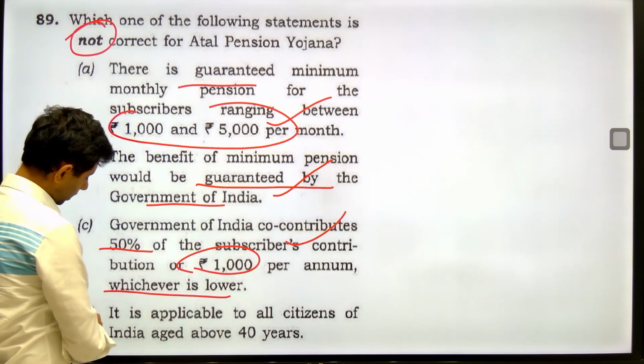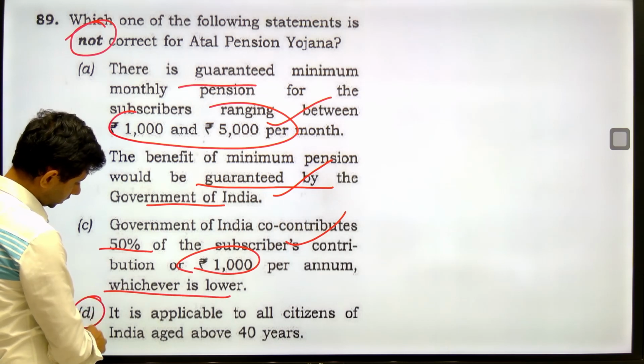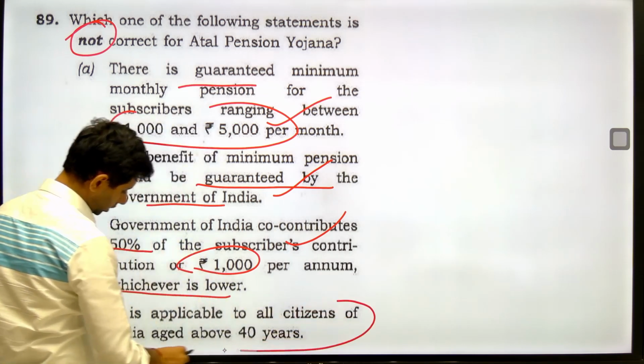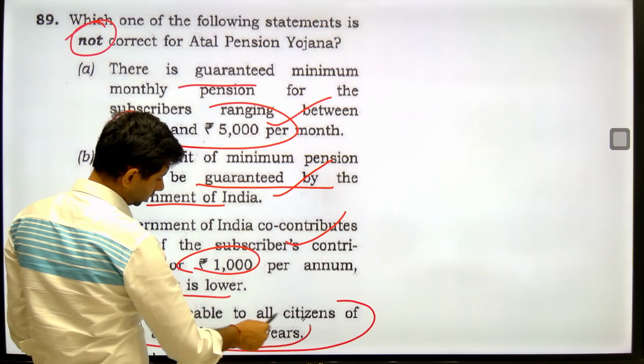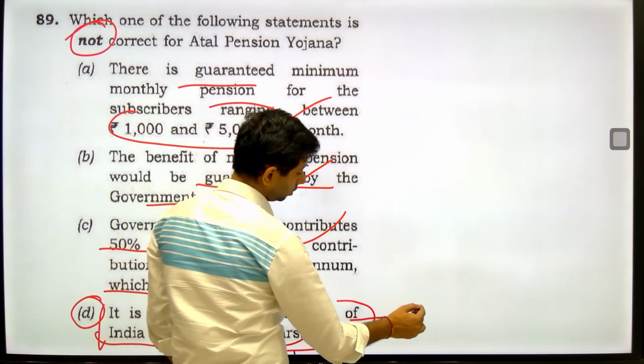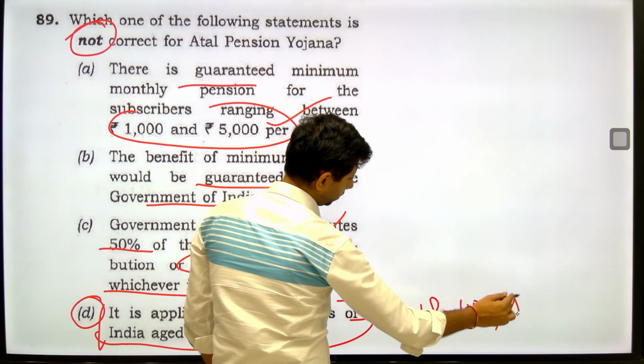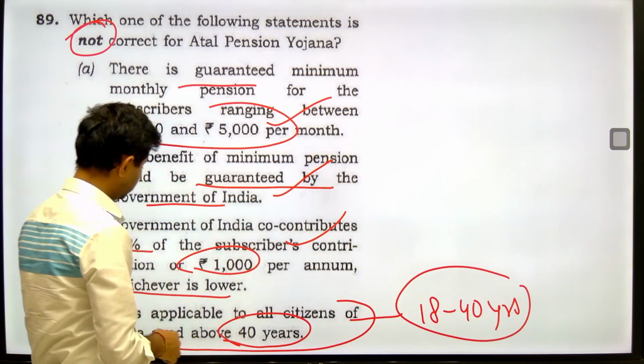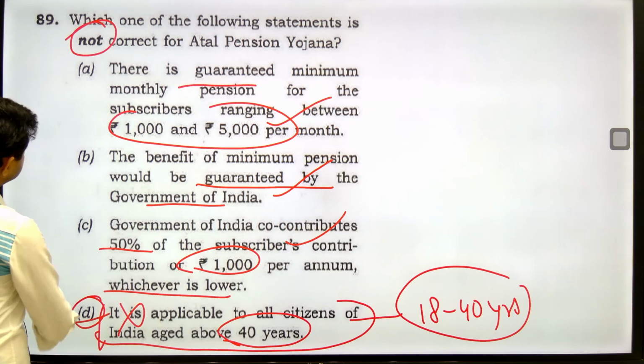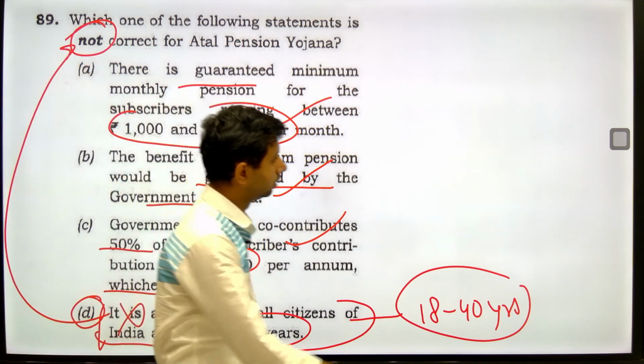And the next one: it is applicable to all citizens of India aged above 40 years. As we all know, the eligibility criteria was 18 to 40 years. So above 40 makes this statement wrong, hence the correct option.